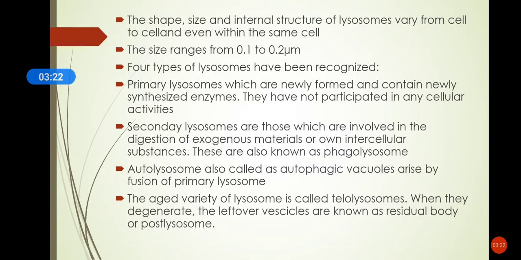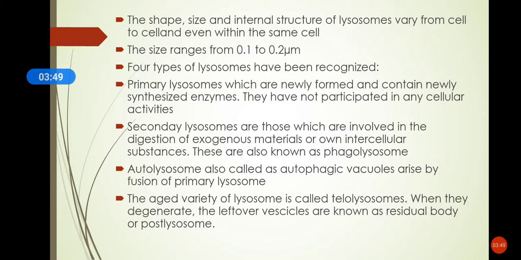Primary lysosome is the newly formed lysosome, and it contains new enzymes. Secondary lysosomes are lysosomes that digest exogenous material or even their own intracellular substances. They are also called phagolysosomes. The third one is autolysosomes, called autophagic vacuoles, and they arise by fusion of two primary lysosomes.